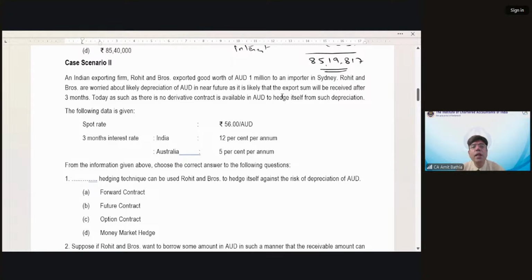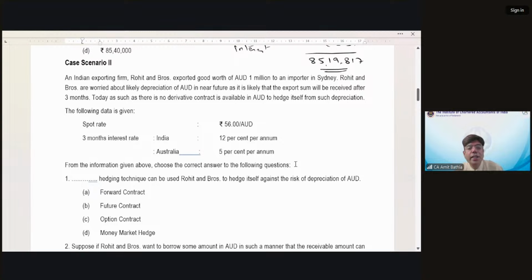Today, as such, there is no derivative contract available in AUD to hedge itself from such depreciation. The following data is given. Spot rate is 56 per AUD. 3 months interest rate, India 12% per annum, Australia 5% per annum. From the information given above, choose the correct answer to the following questions.